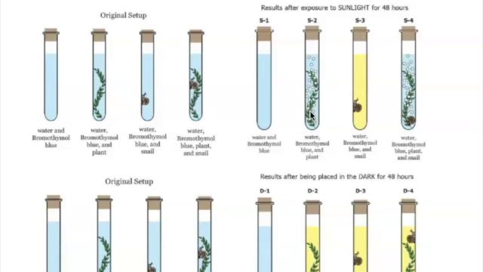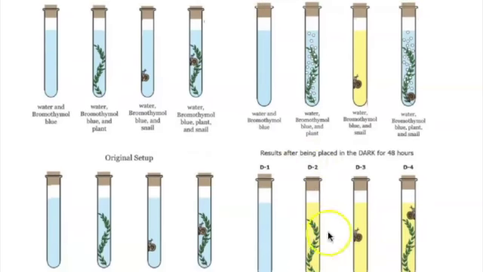Okay, so we actually have the creation of oxygen within these test tubes, which is why we have those little bubbles. So it's using up the CO2 and creating that product of photosynthesis, oxygen.